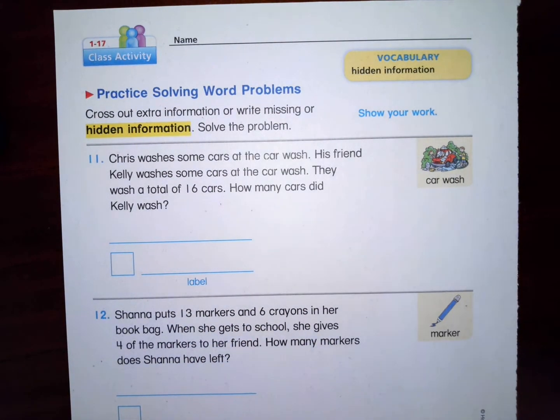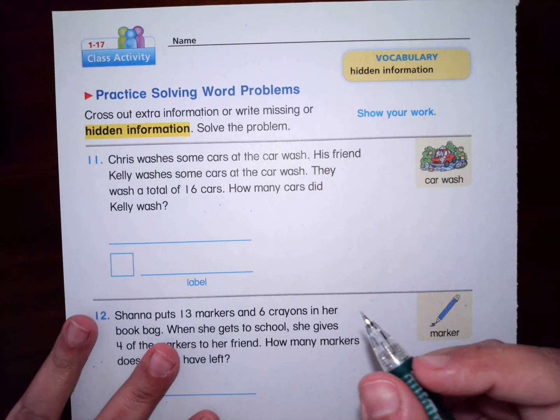So we might have some problems with extra information, or write missing or hidden information. So we have to be super careful as we are reading to make sure we can solve all of these problems correctly. All right, let's get started.